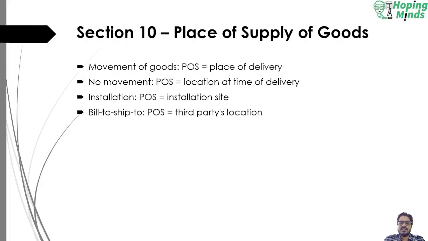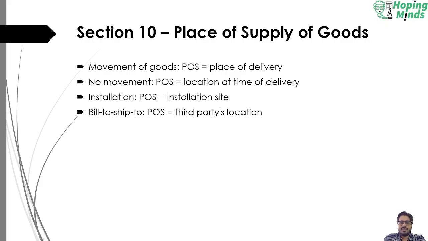So the transactions which involve the movement of goods, if the goods are moved, for example, by transporter or by using the courier services, then the place of supply is the location where the goods are delivered to the buyer. For example, a seller in Maharashtra ships the goods to a buyer in Gujarat. Then the place of supply in this case will be Gujarat and IGST will be applied.